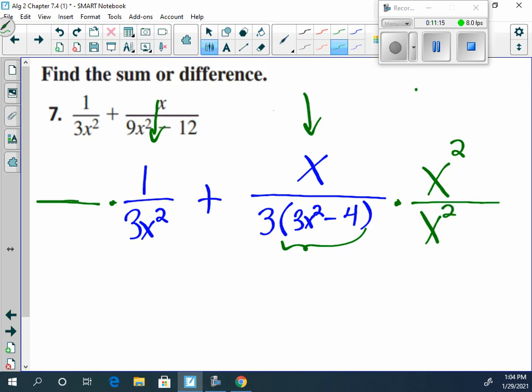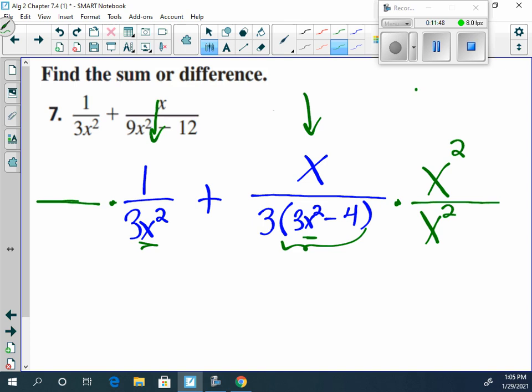It doesn't have an x squared. Now the one on the right does have an x squared, but it's 3x squared minus 4. All of those are stuck together. This is a term. So this x squared is actually different from this one here. They're different terms completely. The main reason is that the one on the right is being multiplied by 3 and then subtracted by 4. The other one is just by itself. So those are going to be considered two different things.